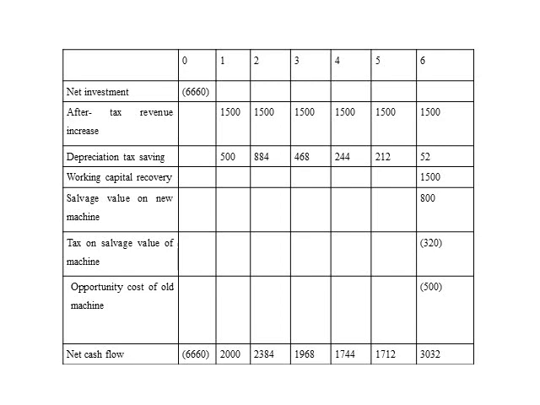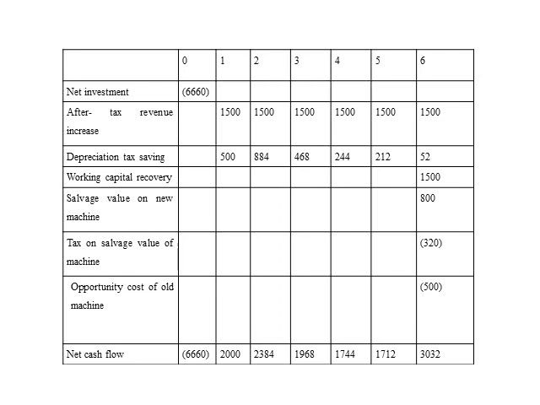Working capital recovery is the 1,500, which comes from the increase in inventory and the increase in accounts payable: increase in inventory 2,000, accounts payable 500, so the result is 1,500. Salvage value on the new machine is 800.